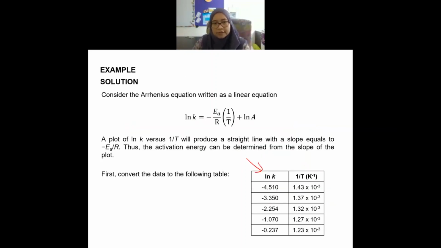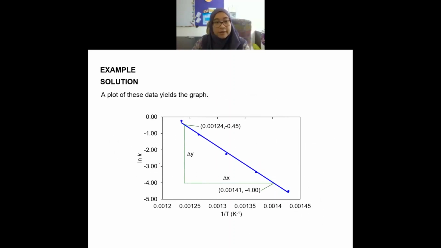Okay, alright. So you dah dapat graph. So you buatlah graph. Make sure ada berapa point yang you buat tu, those should appear on your graph. Okay, so ln K versus 1 over T. Okay, alright. So from the straight line graph, you can see that it will produce a negative slope. Betul tak?